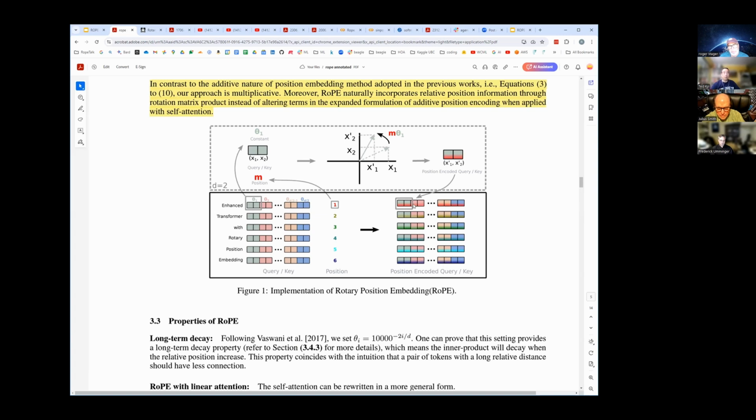I can't even figure out where the query and the key are. I guess this is all the dimensions, and you're adding in a rotation on each dimension, and the colors are different on each pair. In the middle where it says position 1, 2, 3, 4, 5, 6, the color of the number is the color of the little stripe that gets added at the bottom.